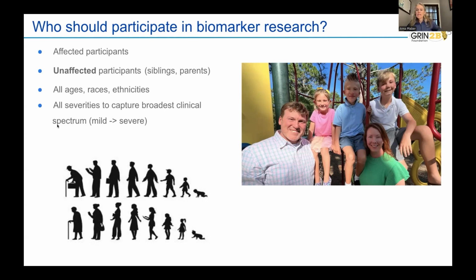So you want samples from patients who have a very mild clinical presentation to very severe clinical presentation. And that is because you want to identify biomarkers that are relevant and appropriate for the broadest clinical phenotype for what GRIN2B related disorder can potentially look like.